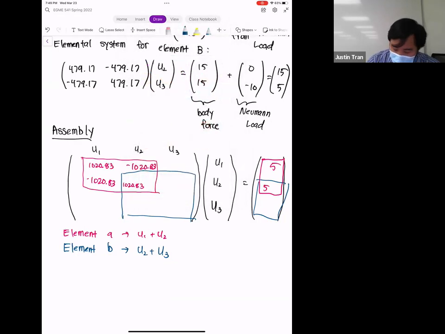And then for element B, we have a plus 479.17, minus 479.17, minus 479.17, and a 479.17. Then we have a plus 15 and a 5 right here.